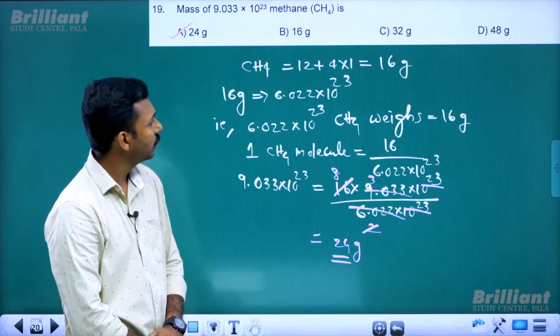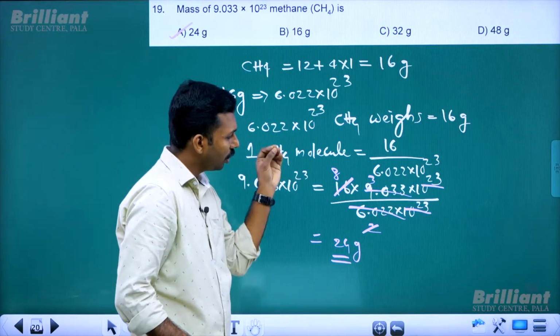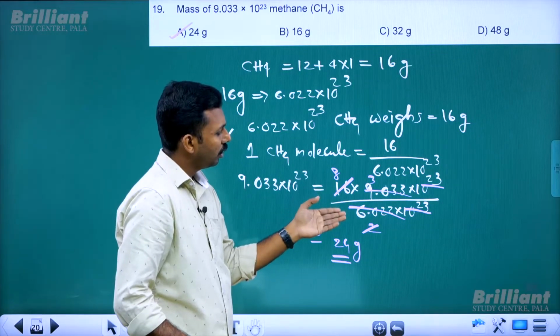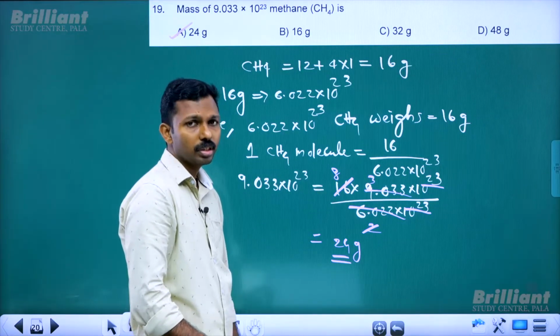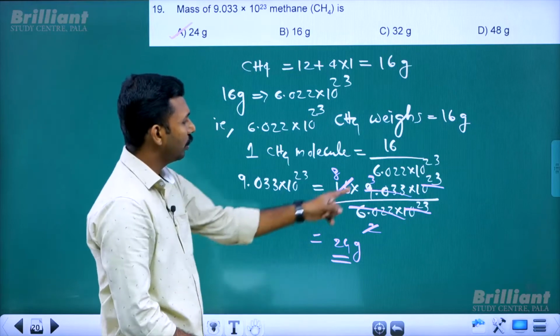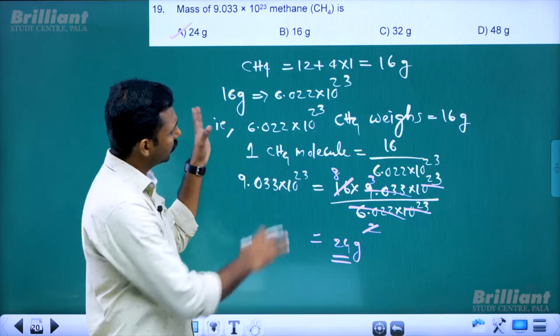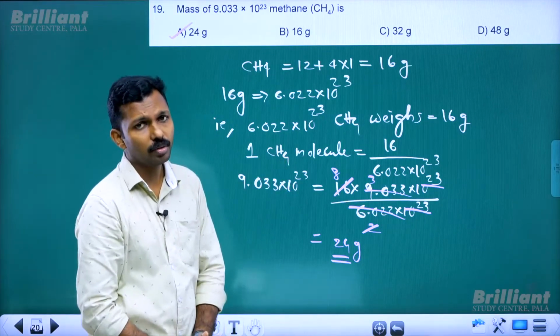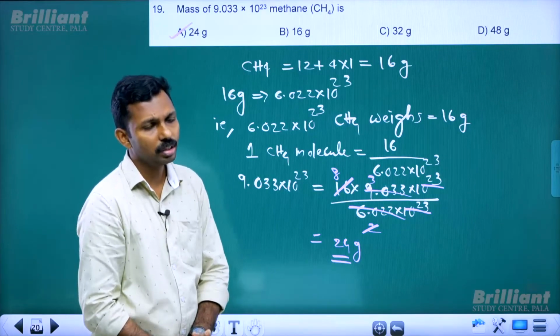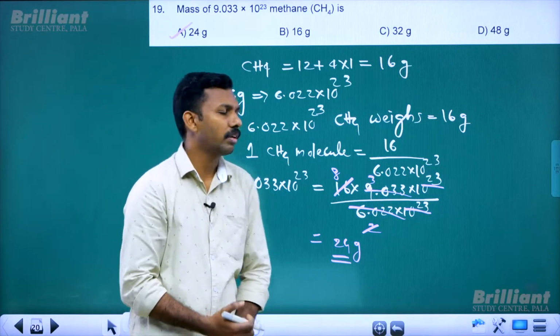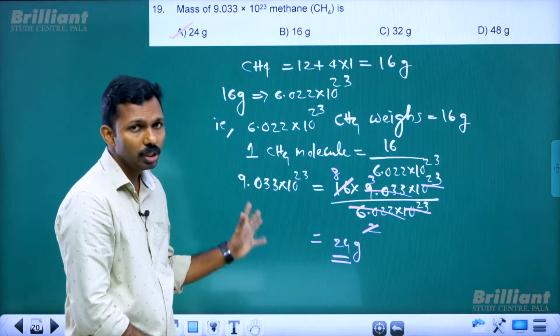In what sense? There is only a small difference, that is 3.022 into 10 raised to 23. So that is how here 3 came, and this is a unitary method. This is how I calculated. You can follow this method also without any confusion, right? So this is called a unitary method.